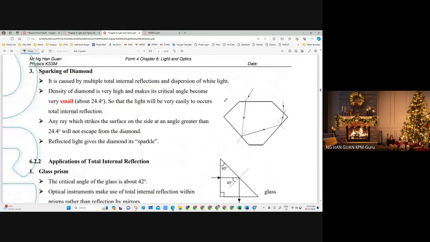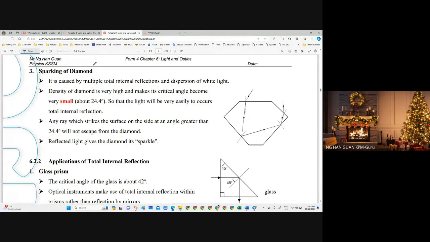Another one is the sparkling of the diamond. Why does the diamond have so much sparkling and shining inside it? Because the light will experience a few total internal reflections when entering the diamond.